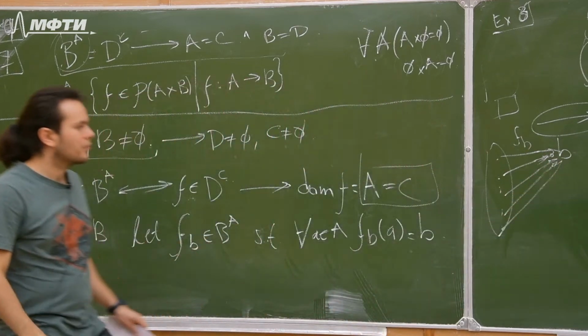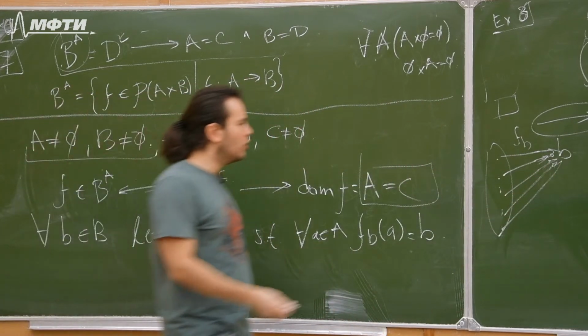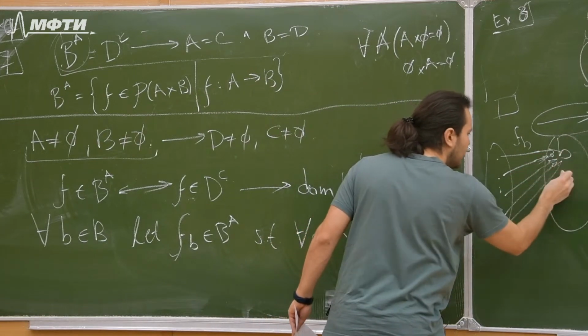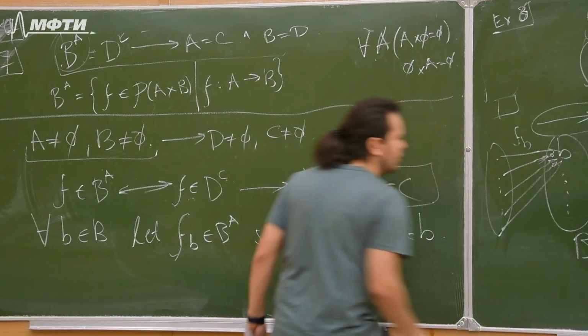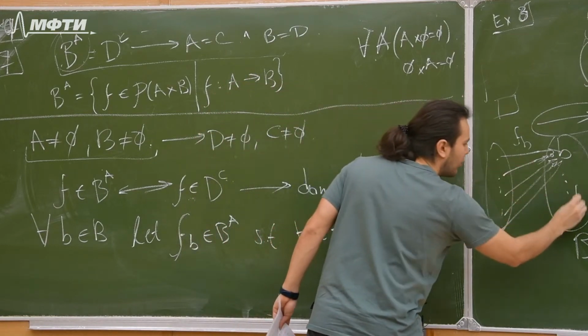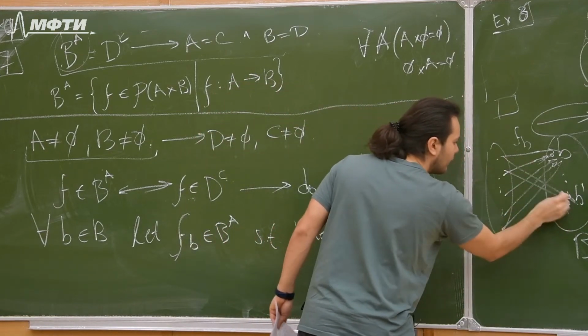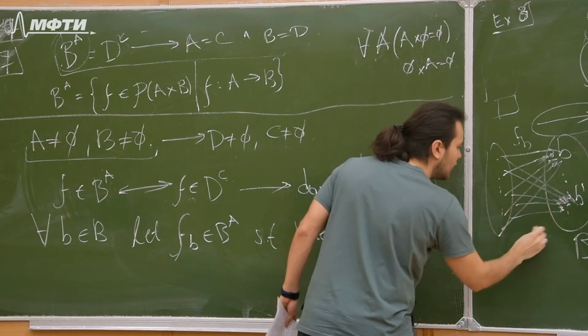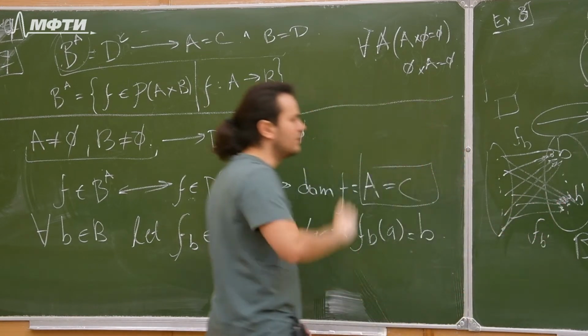Okay, and we have to do it with all the b's, all the possible b in capital B. So then we'll have, this is b prime, and we have this. This is f sub b prime, and so on.